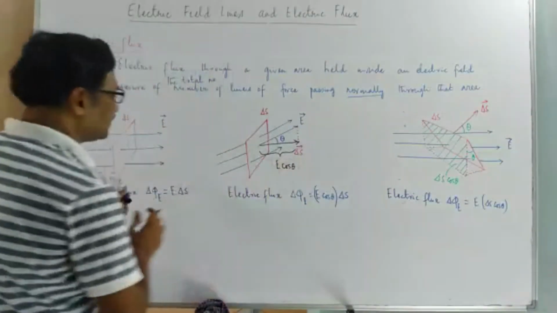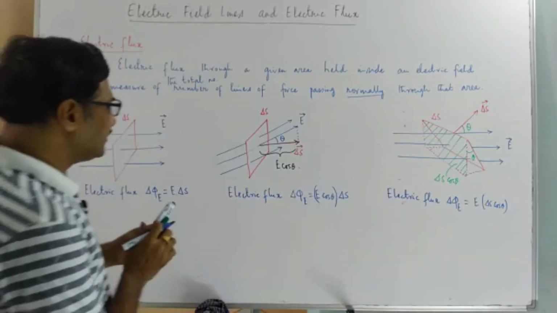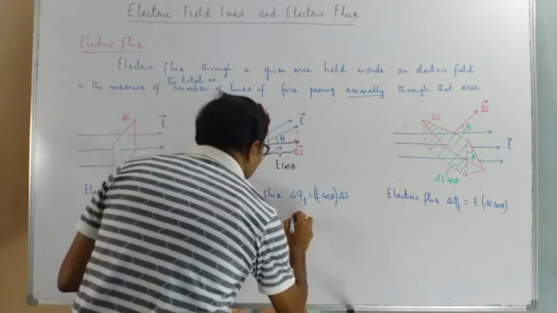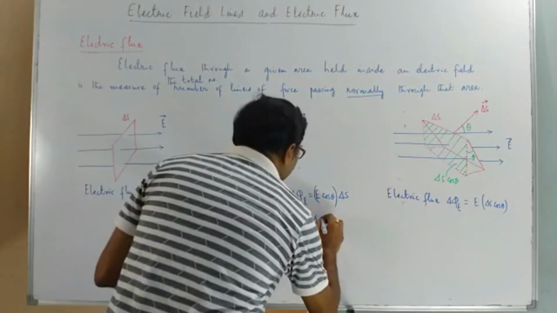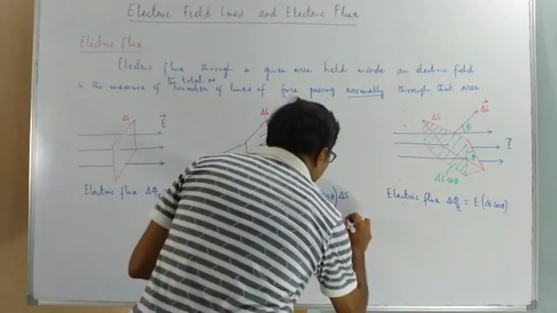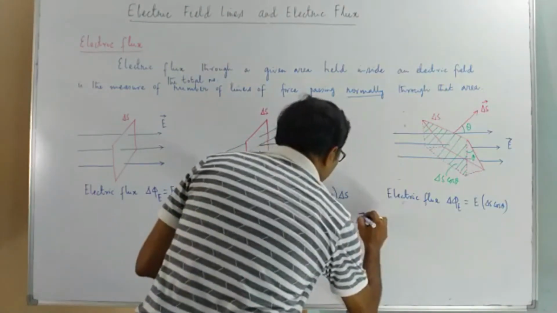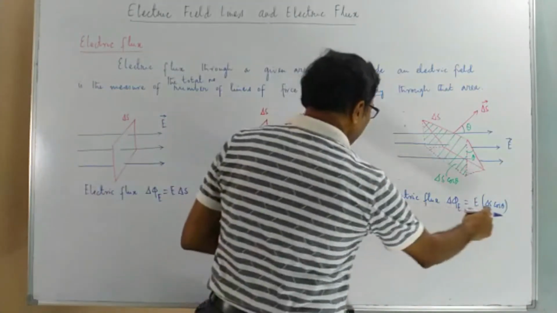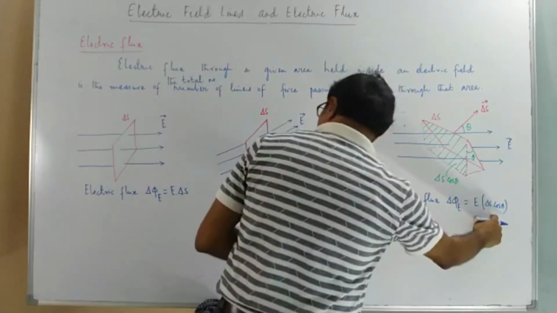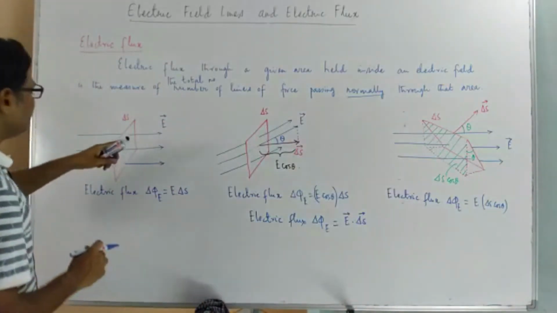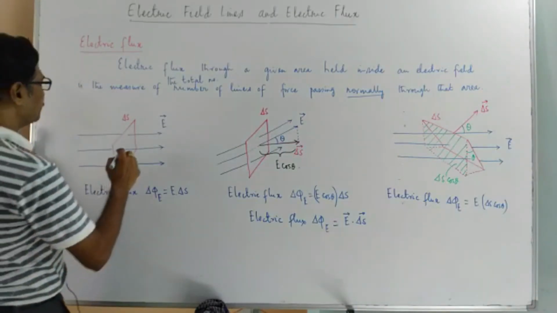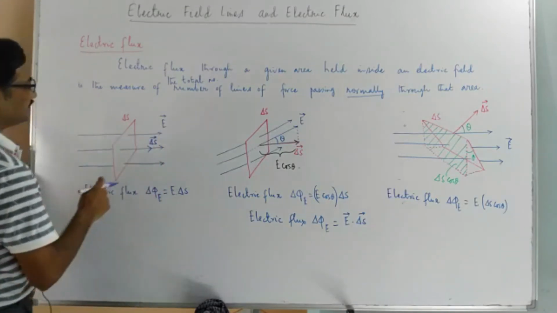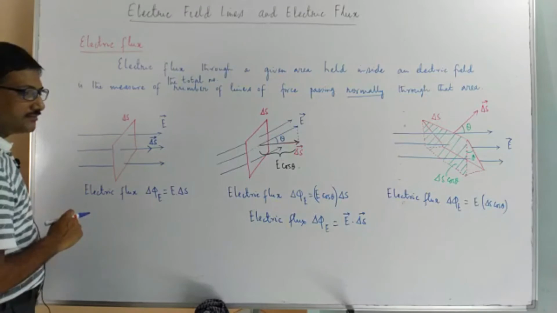So from this discussion, it is clear that I may write electric flux delta phi E as E dot delta S. So you will get E delta S cos theta over here. But in the first case you can see that theta is equal to 0, because if we consider the delta S vector, then the angle between electric field and the delta S vector is 0.